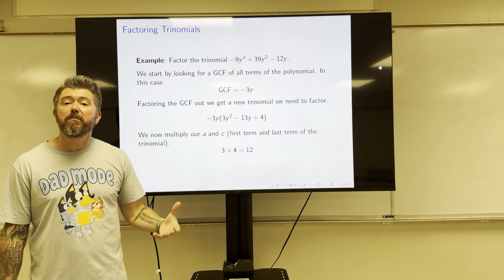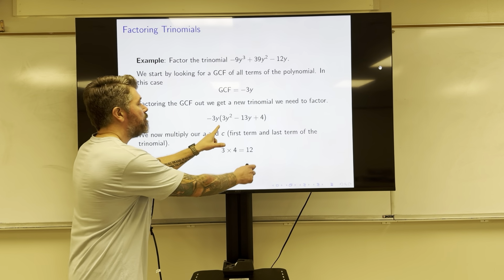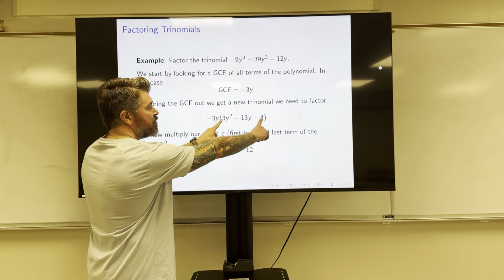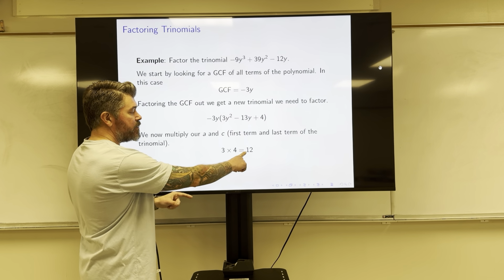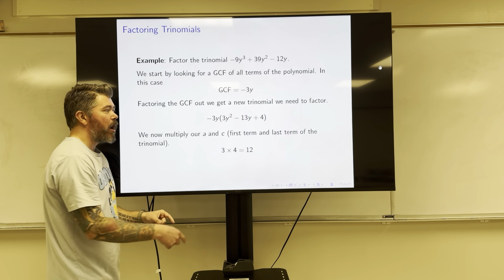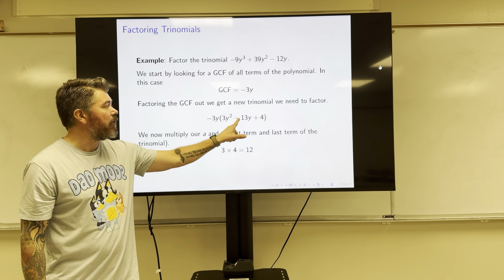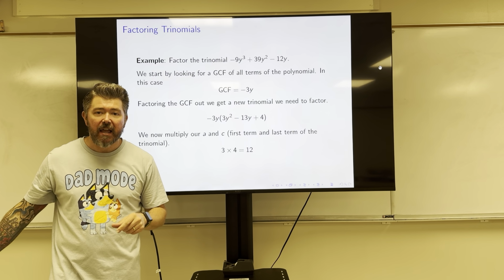So I'm going to use my tricks. Okay, my AC method, my first, last. Multiply, I get 12. So I want to look for factors of 12 that add to negative 13.